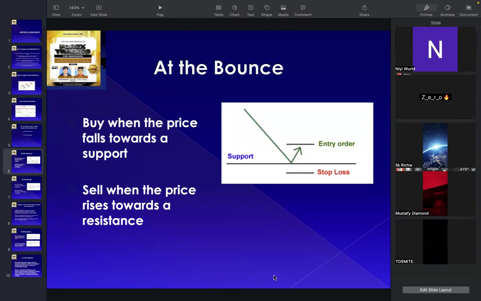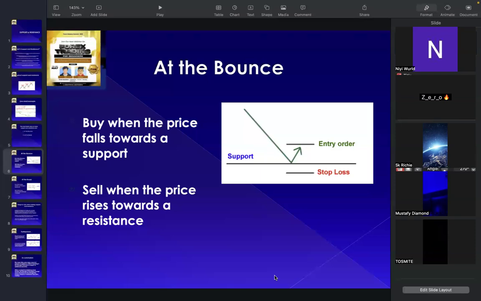Resistance is at the top, support is at the bottom. So at the bounce, we buy when market falls towards a support level, and we sell when market rises towards a resistance level, which means you sell high, you buy low.